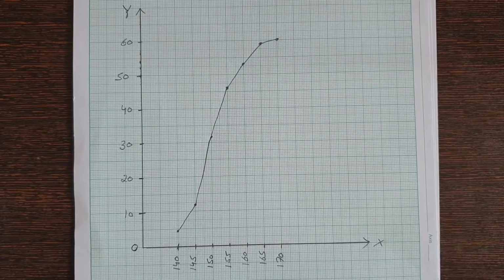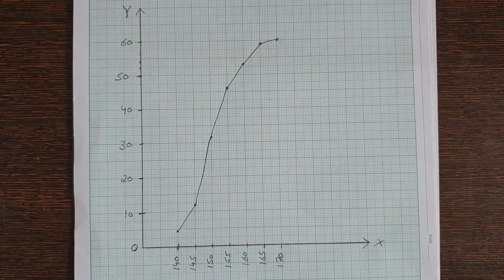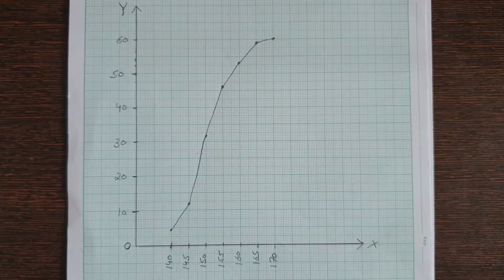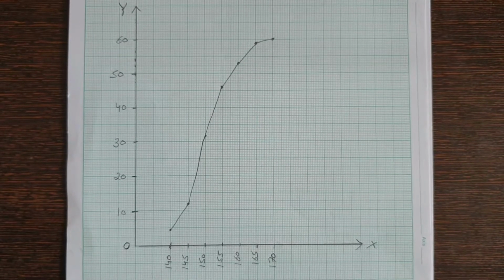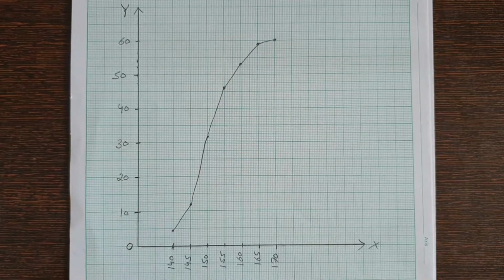Now we know that over here n is 60. So to get the median, 60 divided by 2, that is 30. In order to find the median, let us first locate the point corresponding to 30 on the y-axis. So here is the point 30 on the y-axis.